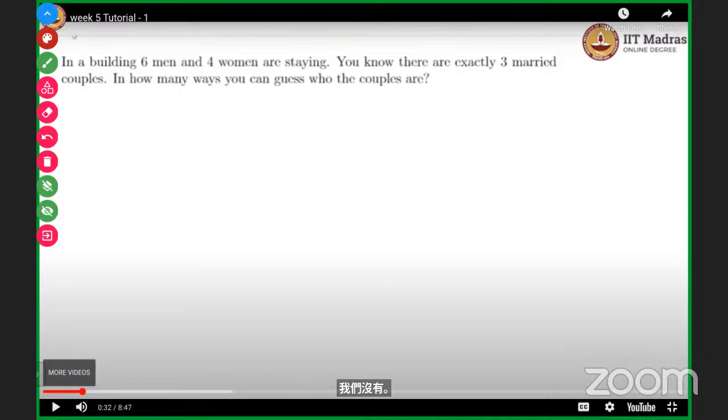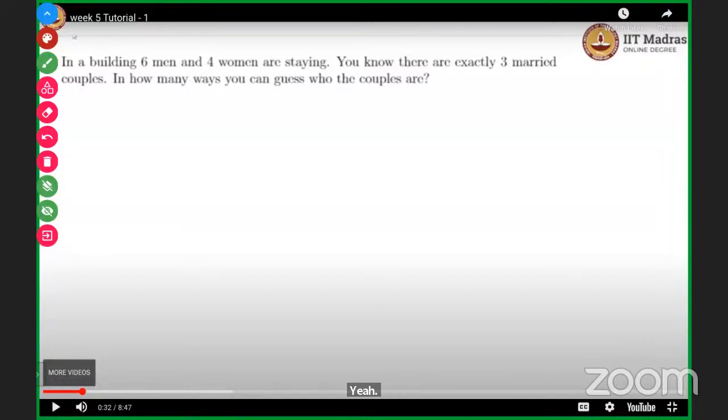No, but if suppose 6 men are there and 3 women are selected, and every man is connected with each other, they would have one pair, two pair, three pair. So they have to do the combinations like that. For each man there will be 3 women you can connect, and that is what the solution is.